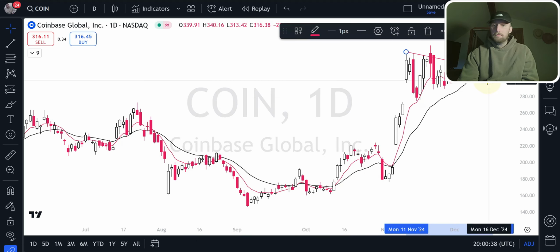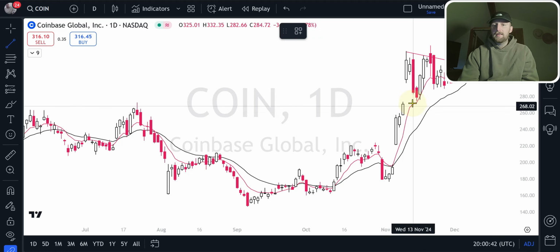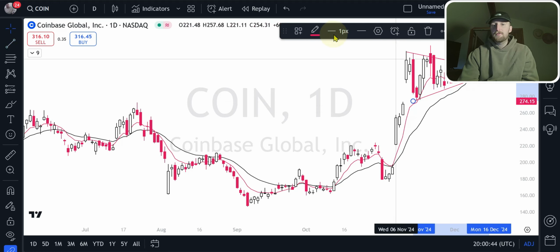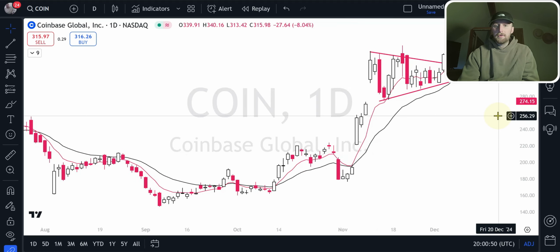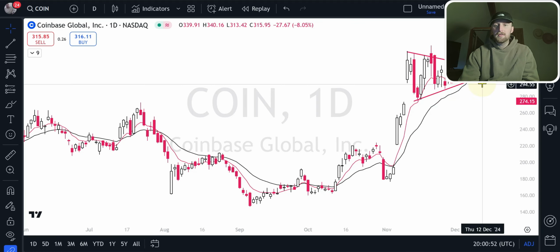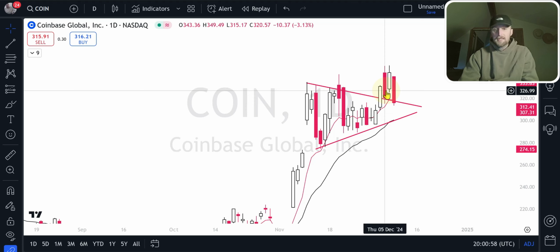Just doing my daily technical analysis, I've already decided that Coinbase has formed a nice wedge, okay? And we got a breakout of this wedge, right? So what happened with Coinbase here, you can see the wedge, we got a nice breakout, we came back, tested this wedge, went back up.